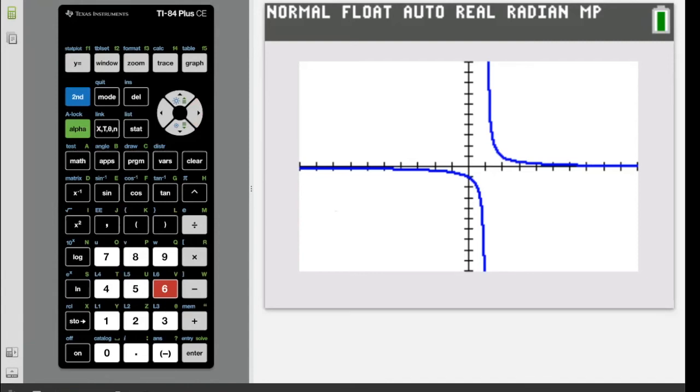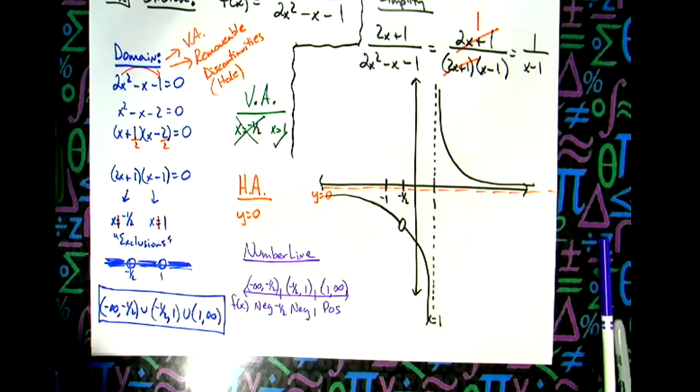If they talk about removable discontinuities or holes or anything like that, you find them by factoring and seeing if something crosses out, or from your domain, when you plug it back into the numerator and it got thrown out. If it gets thrown out, then obviously it's not a vertical asymptote. It has to be the hole. Okay, all right, so far so good.